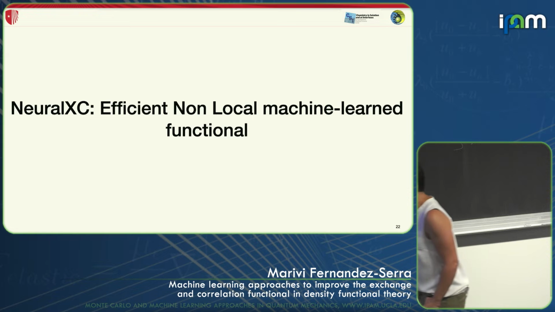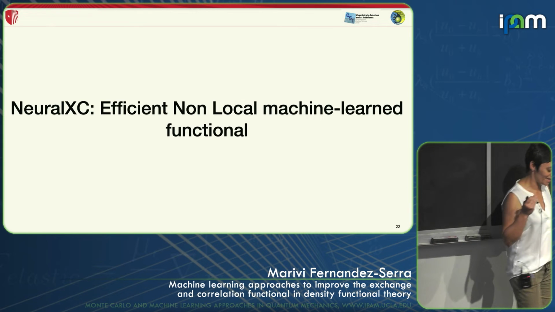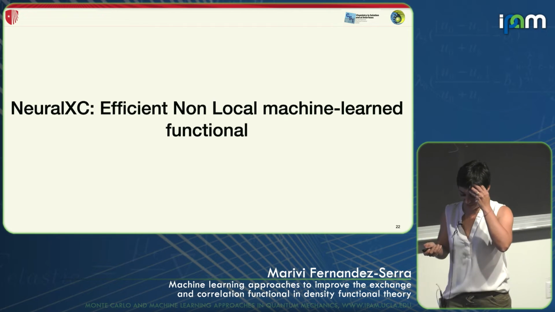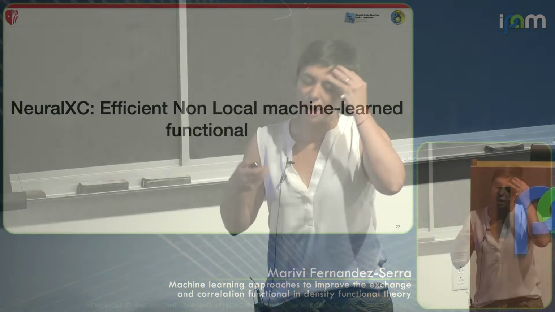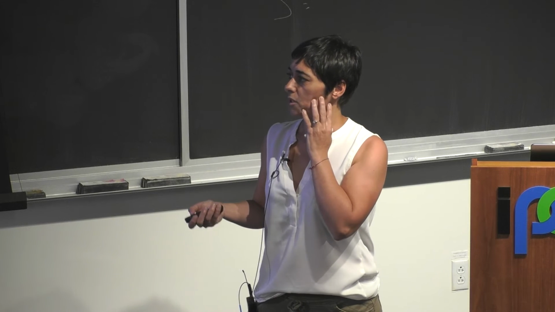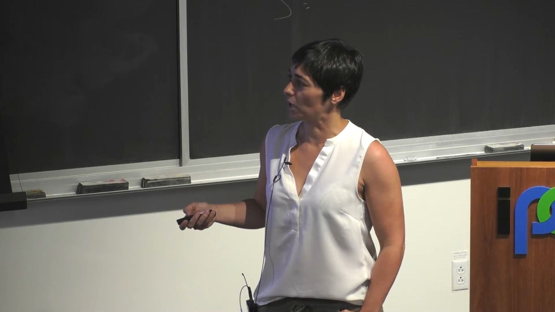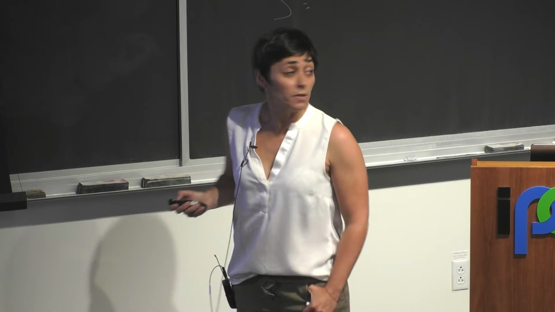So all this is to say that what we were doing is a good exercise, but it's not the right way to go. We need much more flexibility in the functions that we add to modify our functional, and that's where neural networks come in.